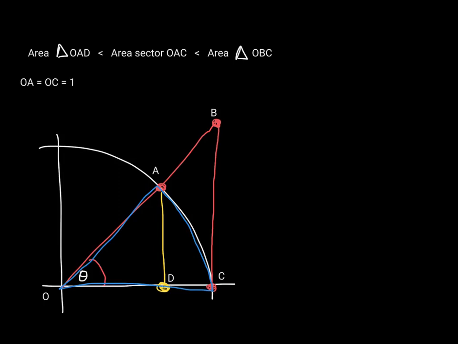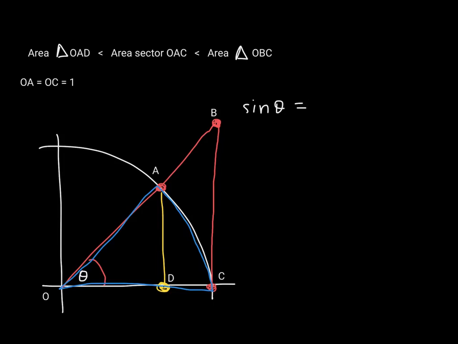Furthermore, I would like us to consider, so here's theta here, what sine of theta is, and what cosine of theta is, and what tangent of theta is. Now, sine of theta, remember sine is opposite over hypotenuse. So sine of theta is going to be AD over OA.